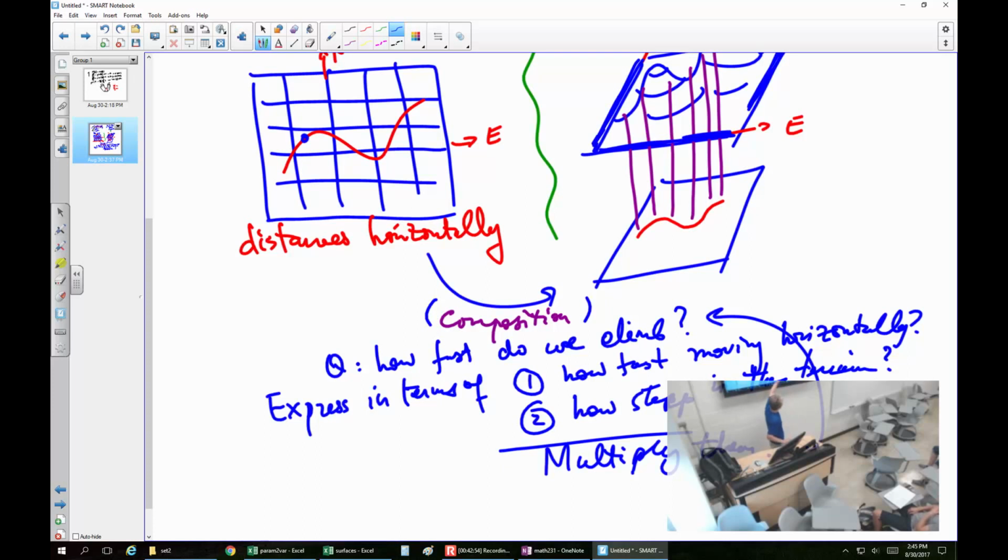Similarly, what if I keep my horizontal speed the same, but now I double the steepness of the terrain? How does it affect the speed of my climb? It doubles again. So that proves that this thing is proportional to those two, and that's why we multiply them.